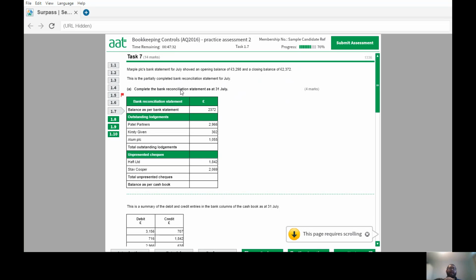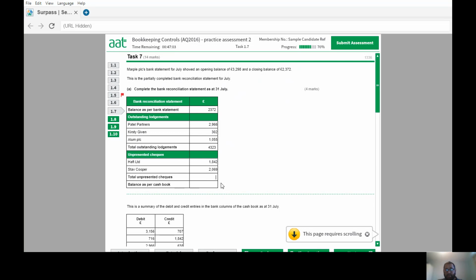What do you normally do on your bank statement? You add any outstanding lodgements and take away any unpresented checks. There are 3 outstanding lodgements there. So £2,372, and you have to add these 3 figures: 2966 plus 302 plus 1055. So the value of £4,323 will be added to that amount. And we'll take away any unpresented checks.